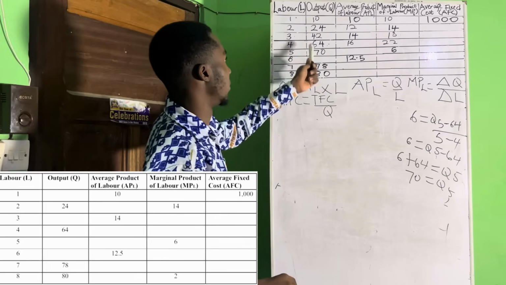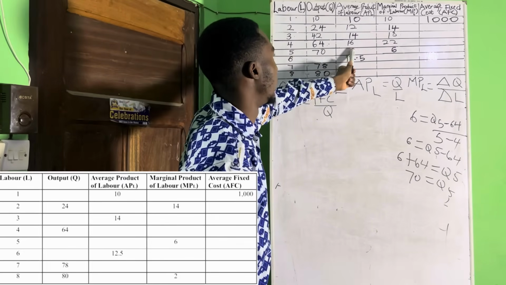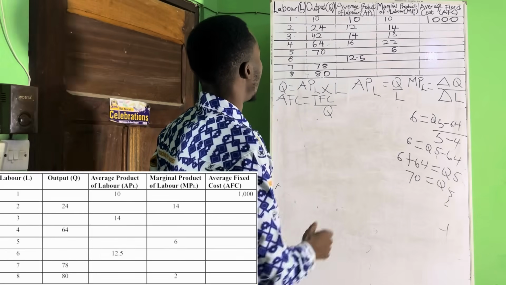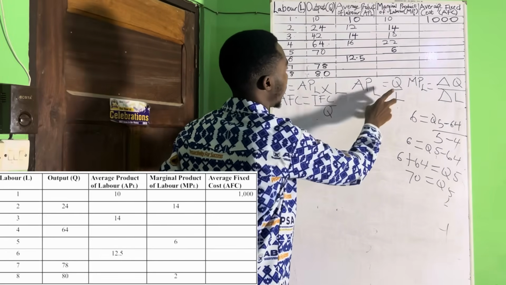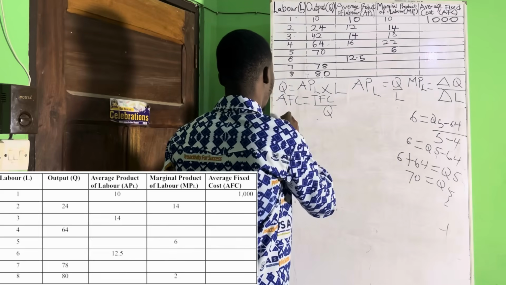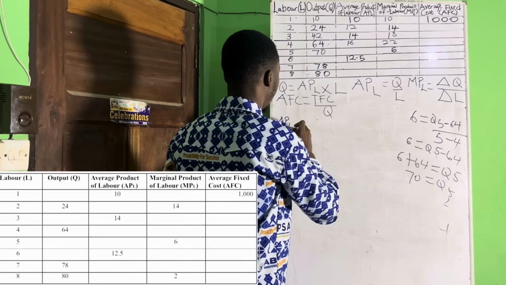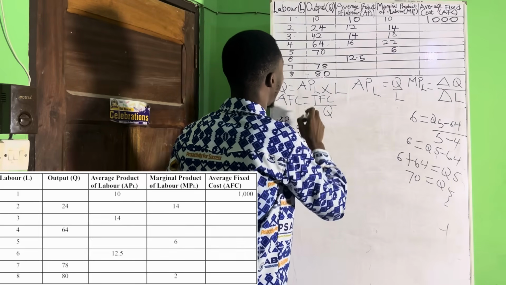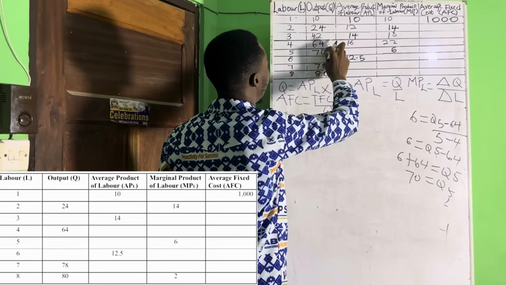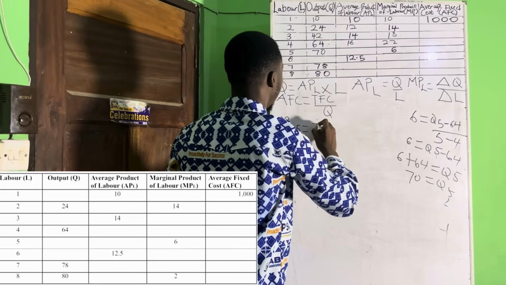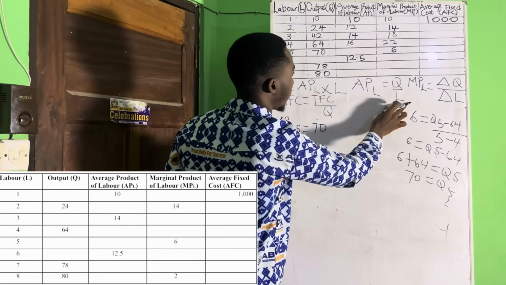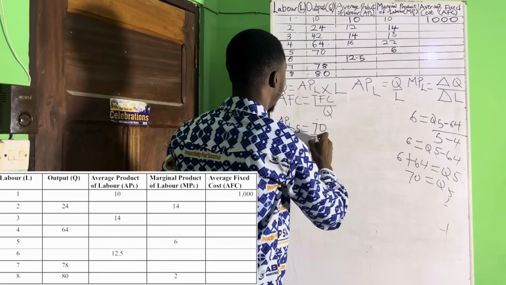Now that you've got our K05, we can find our average product of labor for year 5. So our average product of labor, the formula is here, quantity over labor. So our average product of labor for year 5 is the quantity in year 5 or the output in year 5, which is 70, over the labor, which is 5.